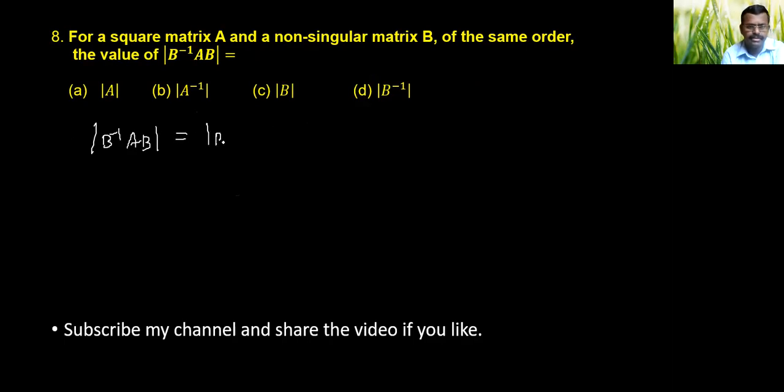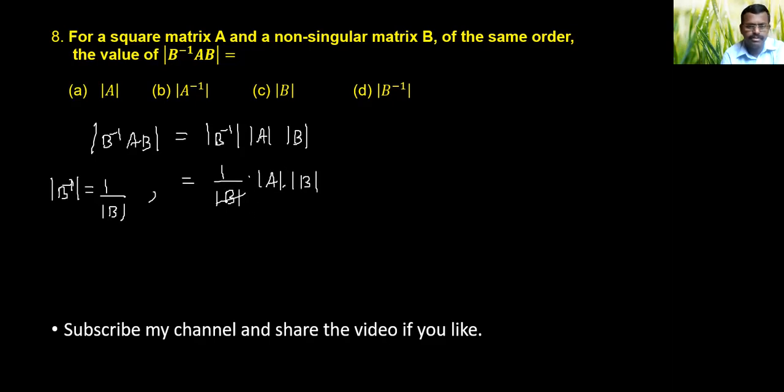So this can be done as determinant of B inverse into determinant of A into determinant of B. We have one shortcut: determinant of B inverse is 1 by determinant of B. So the inverse determinant is always 1 by determinant of B. Applying here, we get 1 by determinant of B into determinant of A into determinant of B. Now these two are cancelled. We get determinant of A. That is option A. So question number 8, A is the answer.